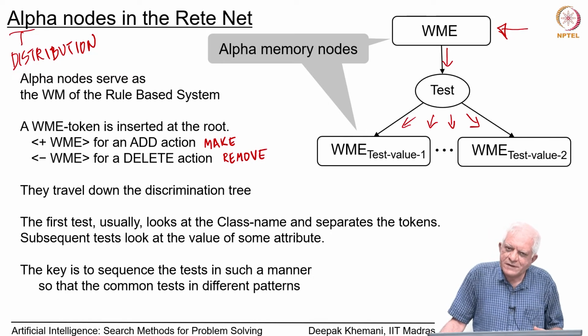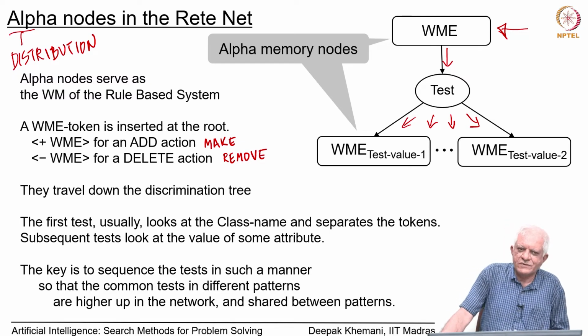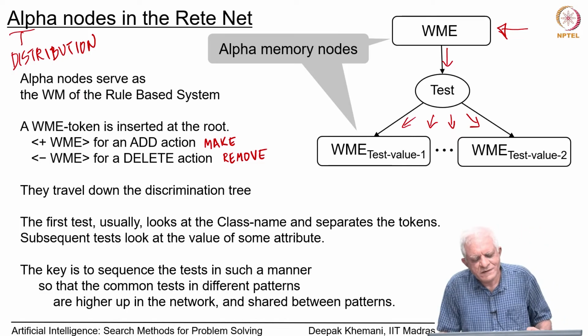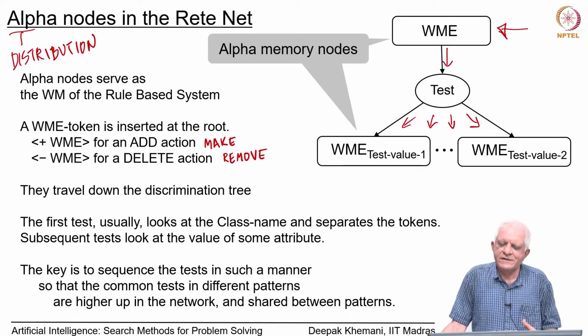From the implementation perspective, the key is to figure out the order in which you will do the tests. I said earlier that in the working memory as well as in the patterns in the rules, the order of attributes does not matter.